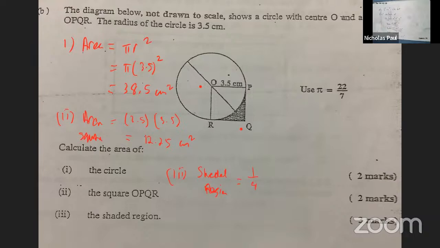1/4 of it, right? So 1/4, that'll be this area here. And then what are you doing after that? Area of the square, good. 12.25 minus 1/4 of 38.5.